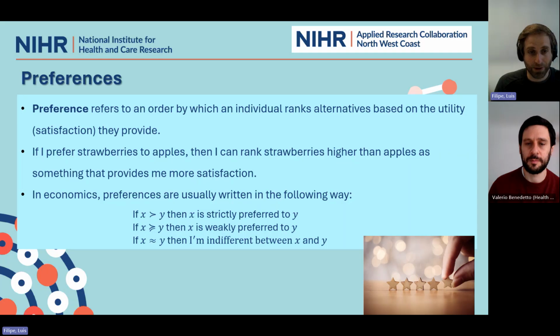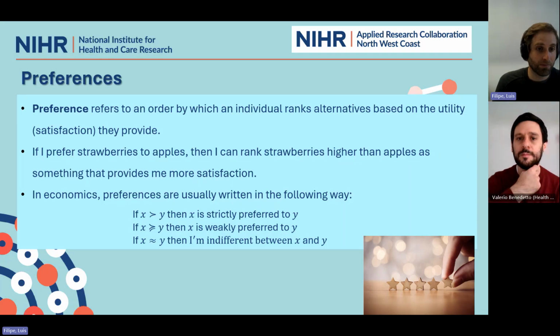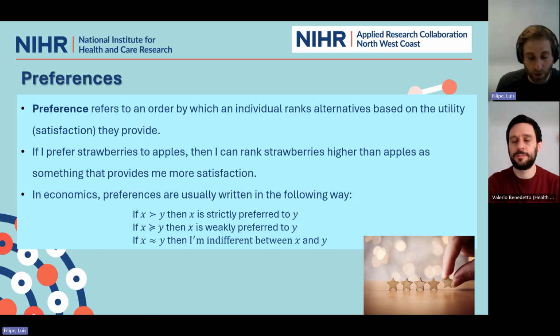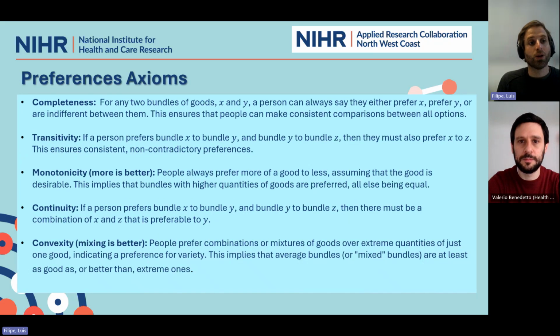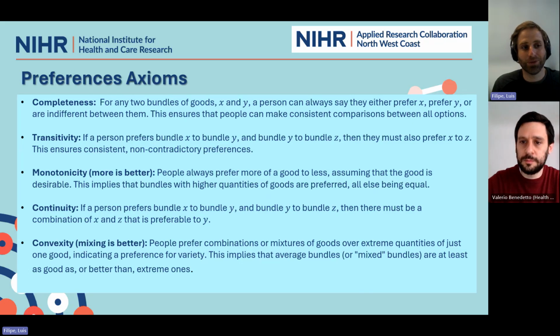So that's it. As long as you can say that you like strawberries more than apples or apples more than strawberries, or that you maybe have a weak preference towards one of them, or that you are indifferent, you are in the context of what we call complete preferences. And in this slide, we are going to check some axioms, some hypotheses, whatever you want to call it, that we use in economics to then model things.